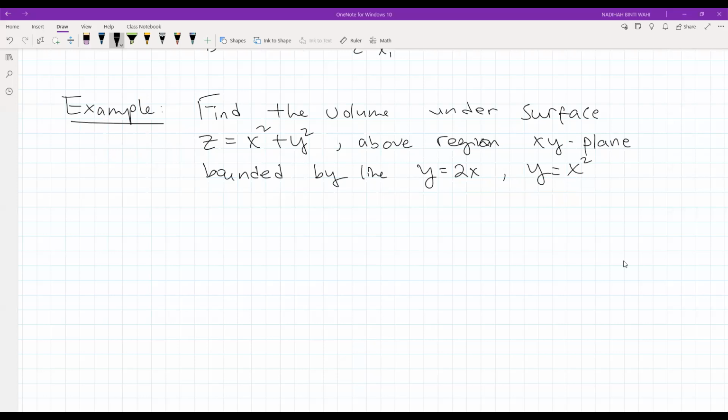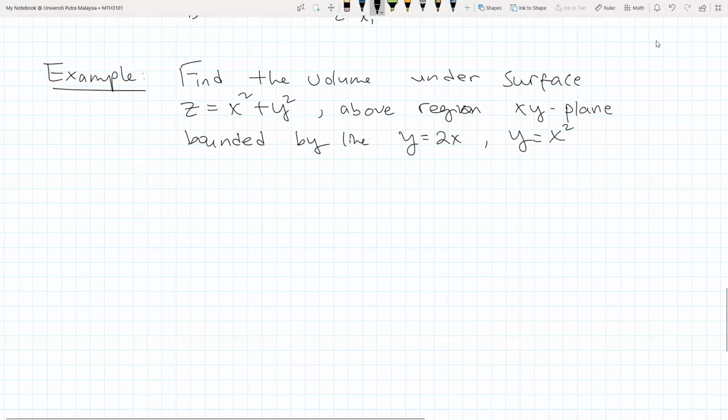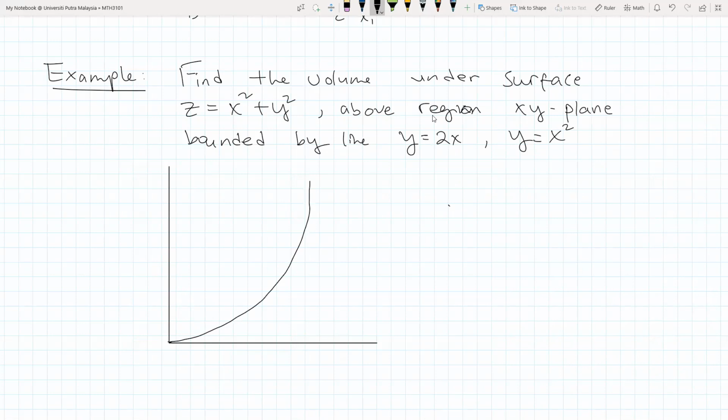Okay, if you sketch this region, it is a really simple region, you don't have to worry about it. This is the Cartesian coordinate, and then you have y equals x squared, something like that, and then you have another linear equation, y equals 2x, something like that.